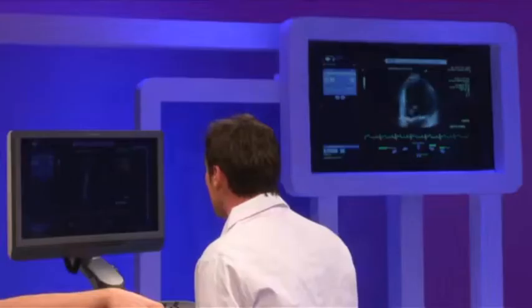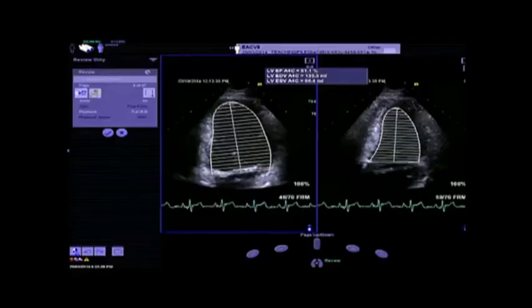And for that, what is recommended is to use the biapical modified Simpson method. And here you have your apical views that we have acquired, and here we have the measurement. And when we use the 4-chamber view, we need also to use the 2-chamber view.